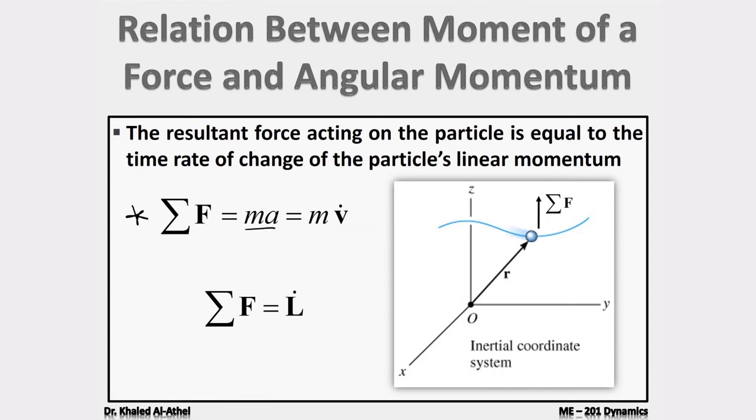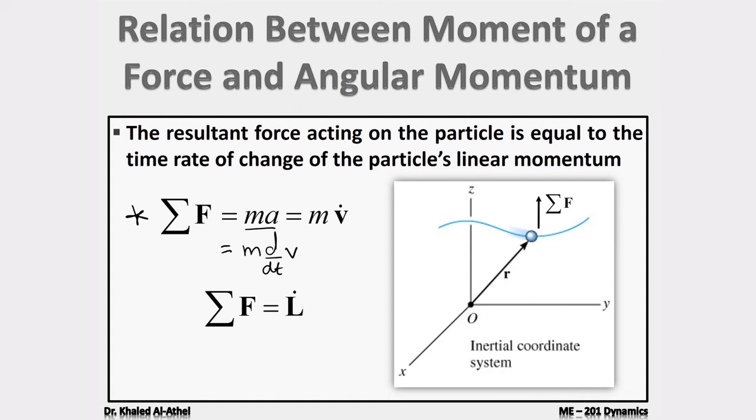I can write a as dv/dt, so I can write this as m times d/dt of v. Now, mv is the linear momentum. M times v is my linear momentum.